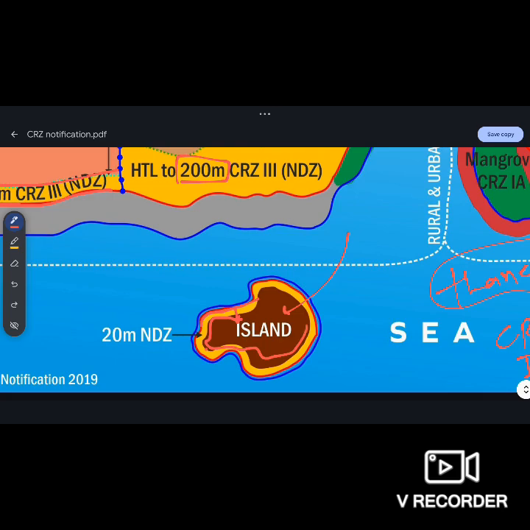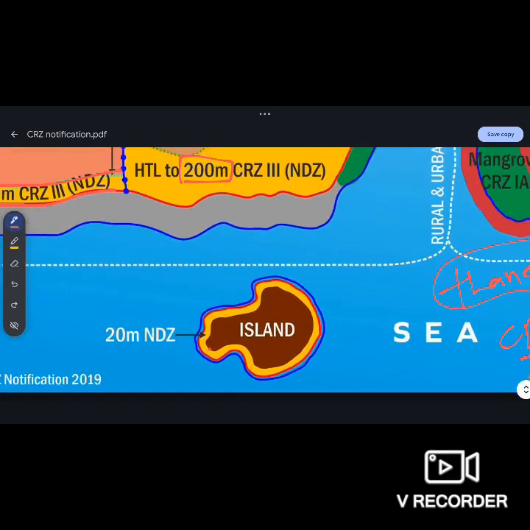In this picture, you can see this yellow strip surrounding this island. So this yellow strip is basically the no development zone for this island. So we have discussed all these categories, all the regulated coastal areas and all the categories.